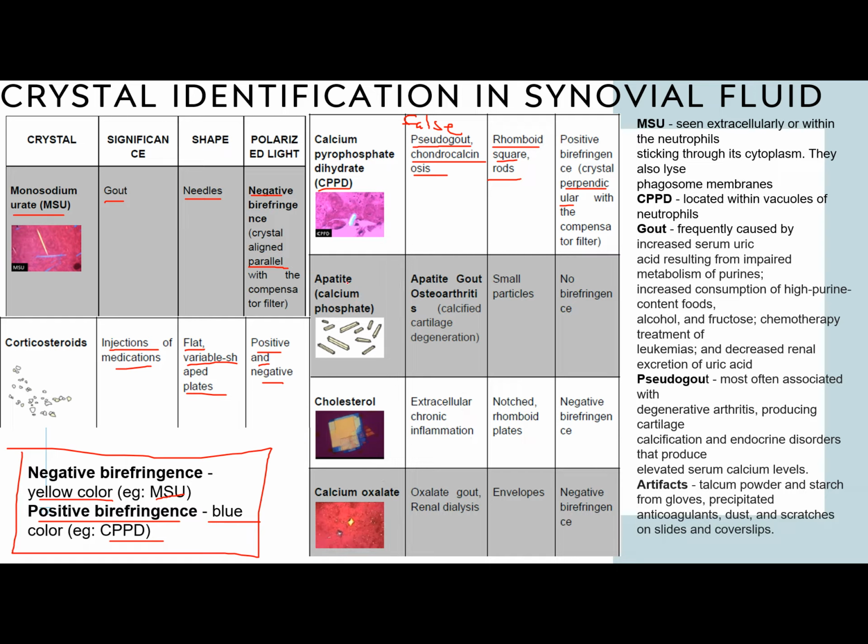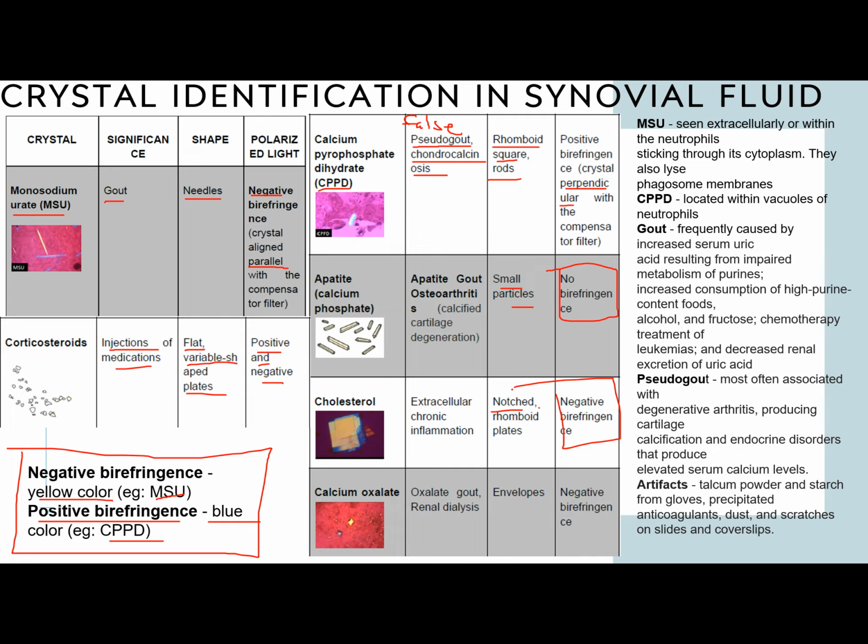Then we have your apatite crystals, which are also known as your calcium phosphate crystals. These are seen in apatite gout, osteoarthritis, and calcified cartilage degeneration. They appear as small particles. They have no birefringence. Then we have your cholesterol crystals, seen in extracellular chronic inflammation. They appear as notched rhomboid plates.